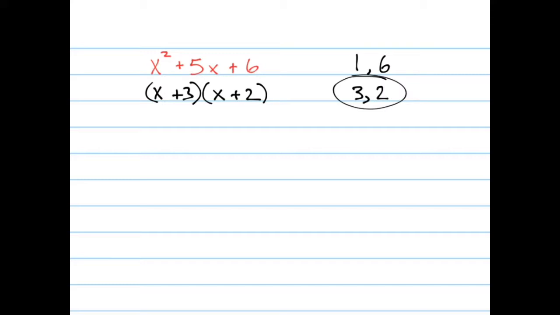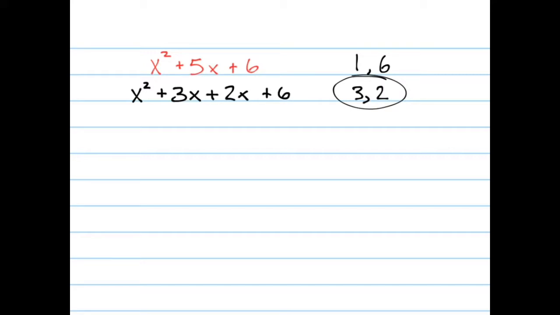Now, just to give you a preview of tomorrow's lesson, to make it a little easier when we get to the second part of this, I'm going to show you how it gets there. What we could do is split that middle term, that 5x, into two pieces.